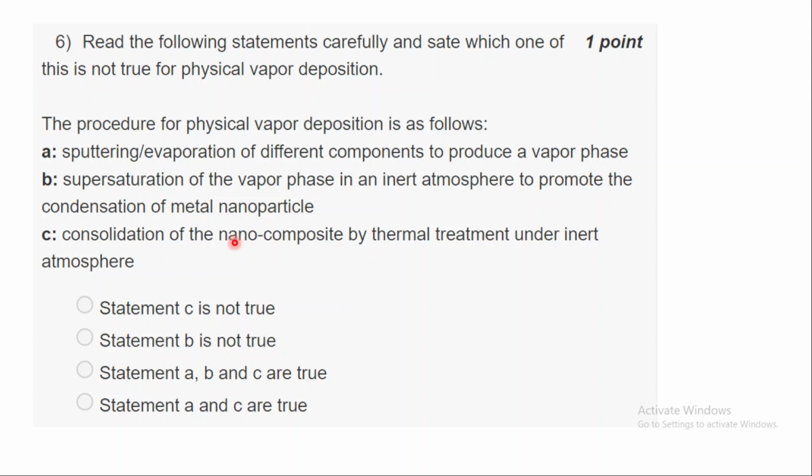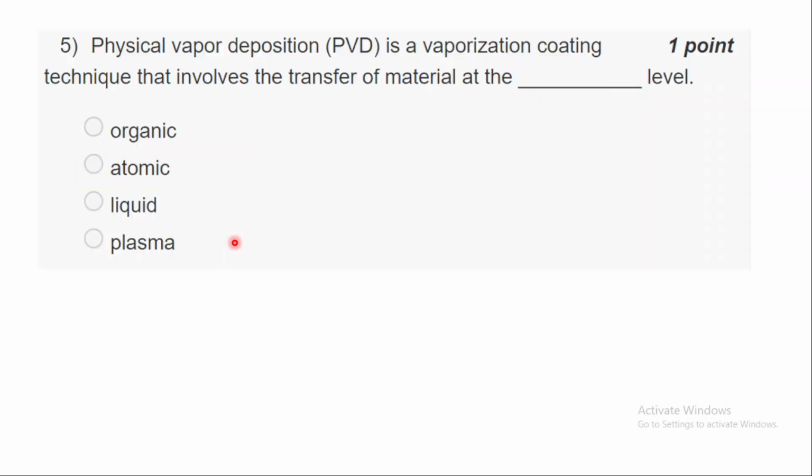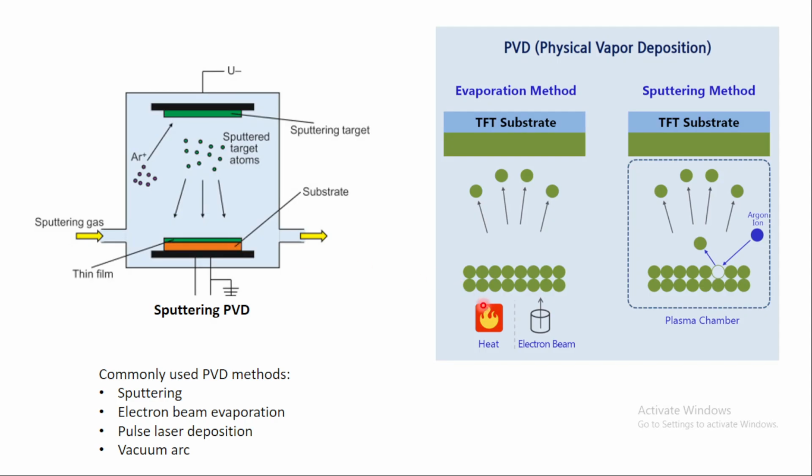So if we change the substrate to another nanomaterial, can we not manufacture a nanocomposite by PVD? Yes, we surely can. It can be by the evaporation method, by thermal treatment where we use heat. If you remember this diagram, we use heat for this substrate deposition.